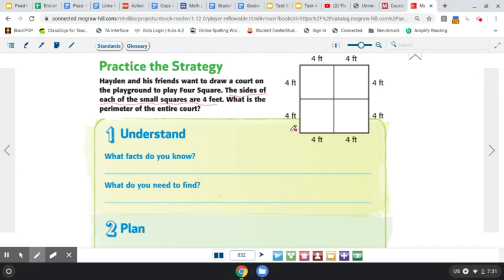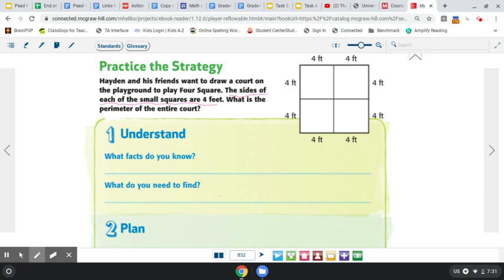So remember, perimeter is the distance around a figure. So if they want the perimeter of the entire court, you must add the sum of all sides. But there's also an easier way. Instead of adding the sum of all sides, you could also do what?